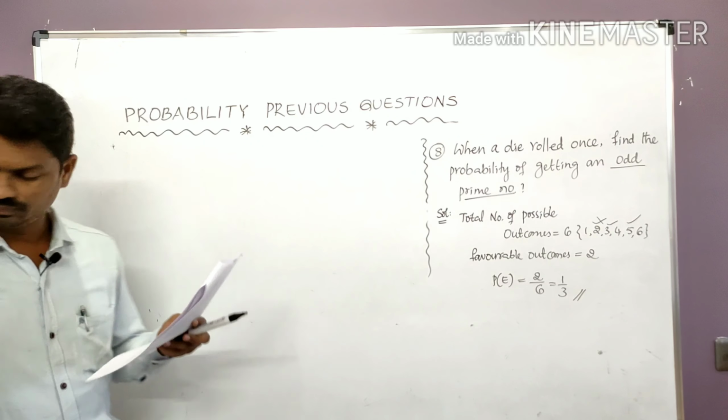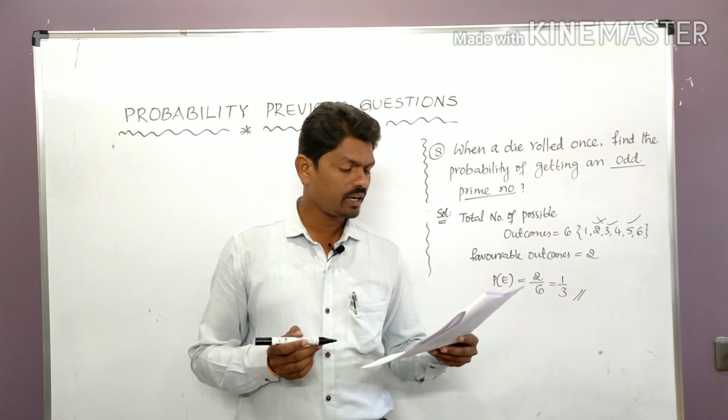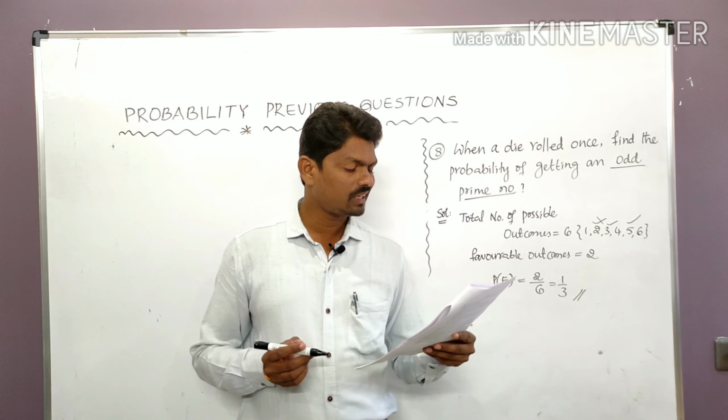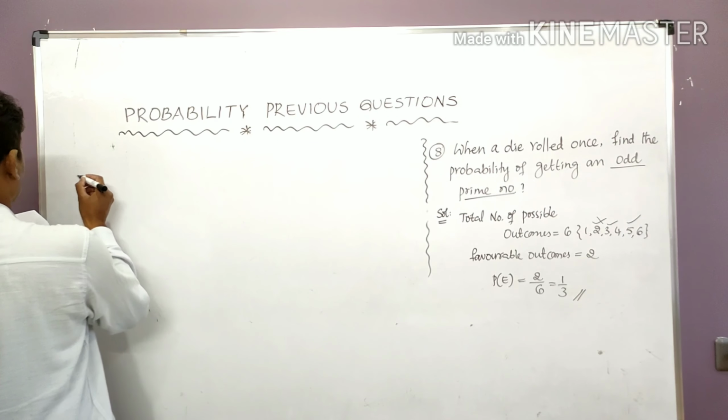So next one more. From English alphabet, if a letter is chosen at random, then find the probability that the letter is a consonant. Very easy student, again.